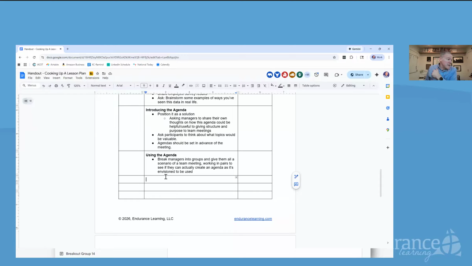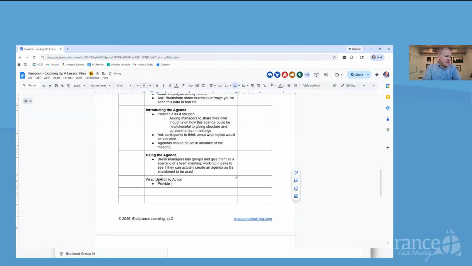Shay is saying a copy of the agenda and a specific call to action. So definitely, wrap up with a call to action. Provide the electronic file of the agenda for everybody to be able to use.